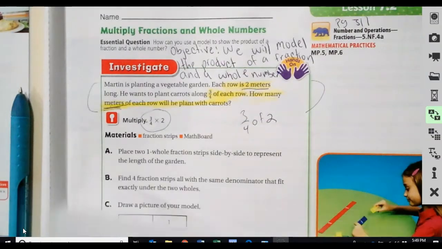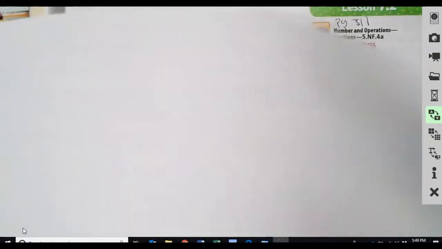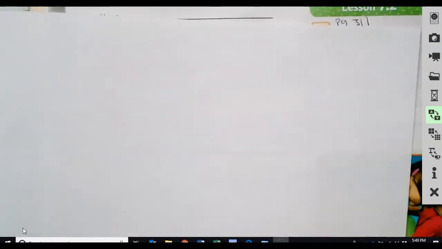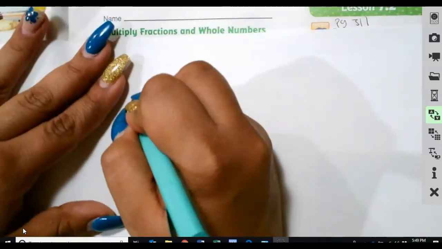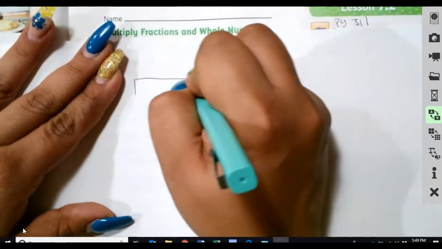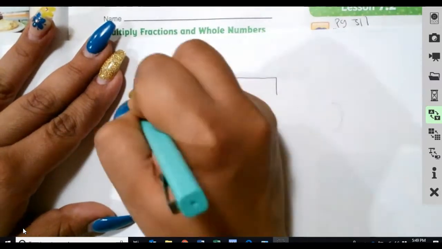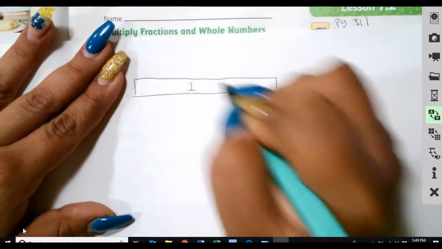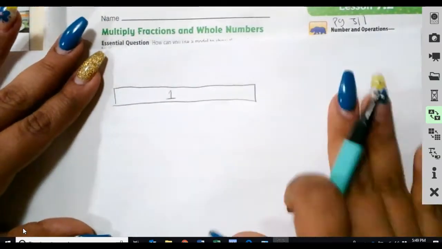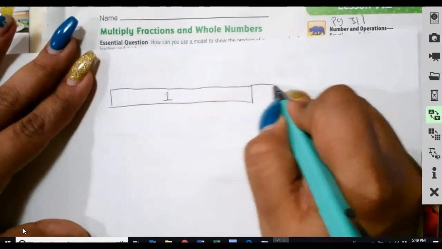Okay, so here's my paper, and the instruction is to place 2 one-whole fraction strips side by side to represent the length of the garden. So we don't have a fraction strip, but you can actually draw 2 strips, and these are going to represent my number 1 fraction, which you've done before. You've used the strips before, so these are the red ones.